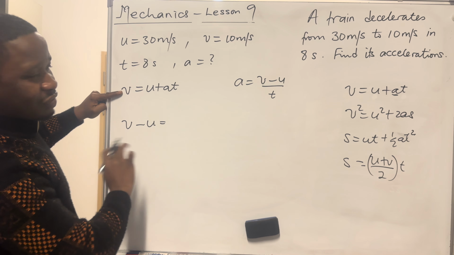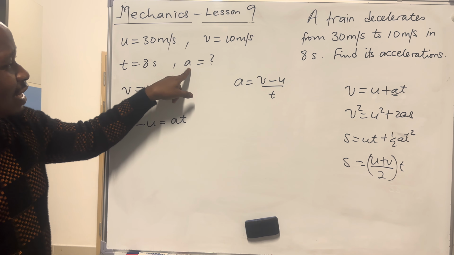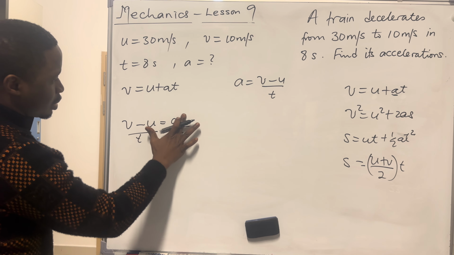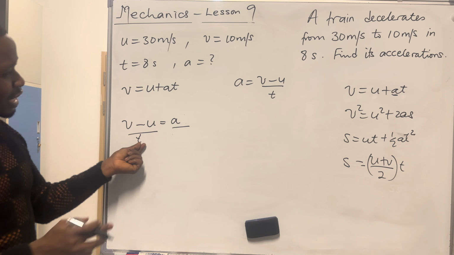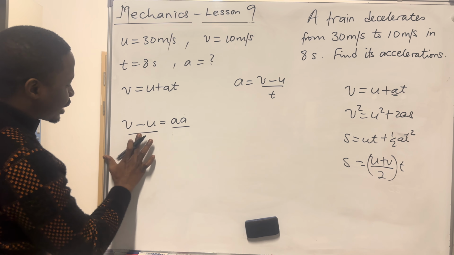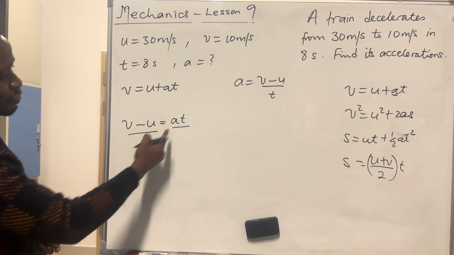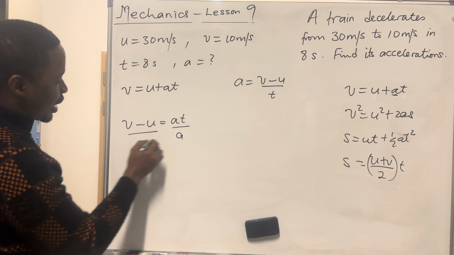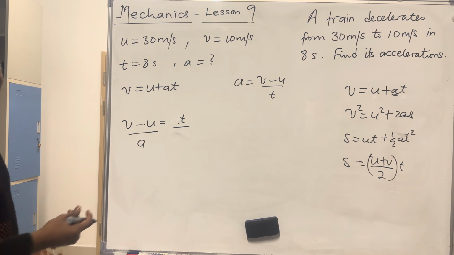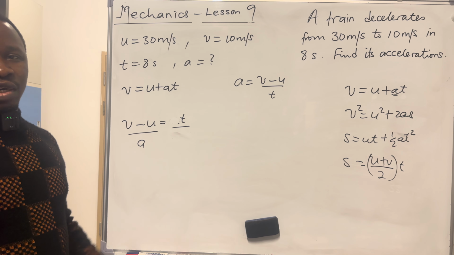What we have left is at, but we want to find a, so we divide by t, and t takes away t. Likewise, if you want to find t, simply divide by a. So you cannot be using this all the time because you will be 1 or 2 minutes late, or 30 seconds late.